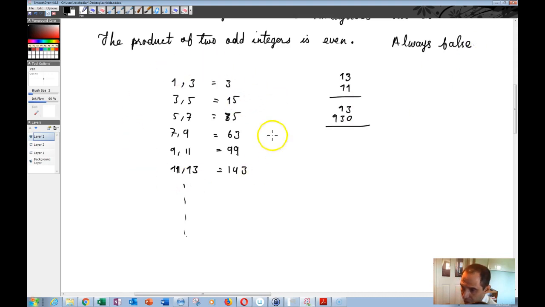But again, you have to prove what you're saying, meaning that you have to prove this logically, which we will get to shortly. That's basically that.